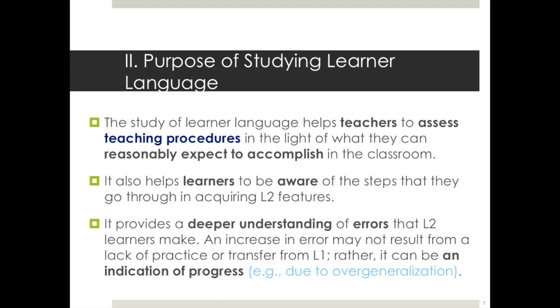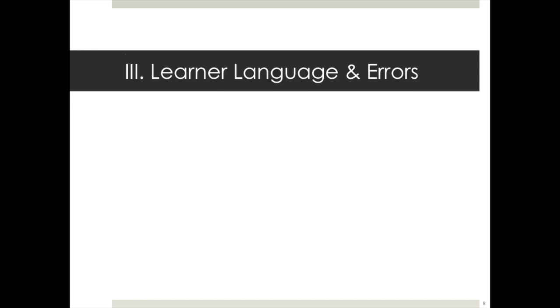Rather, it can help us understand that when learners make errors, it may be because they are making overgeneralizations and testing their hypotheses, and this can be an indication of progress. Number 3, the third part of today's lecture: learner language and errors, since we have talked about errors as indicative of progress.